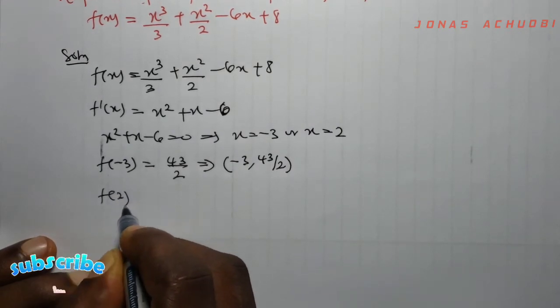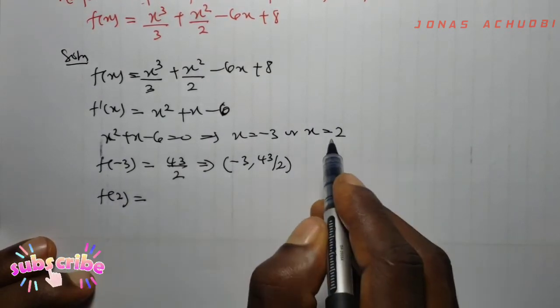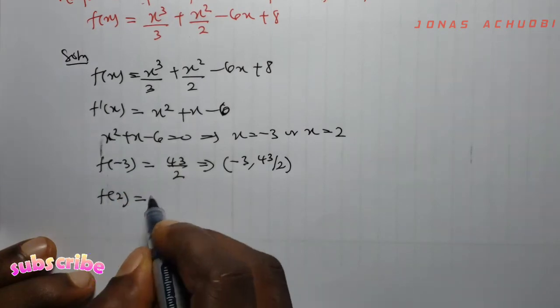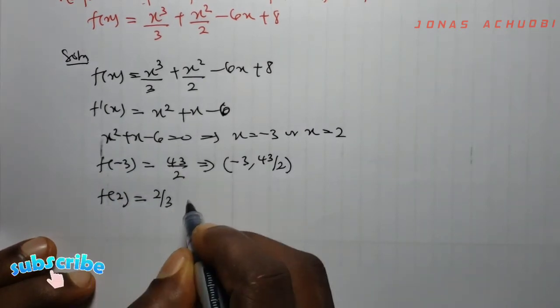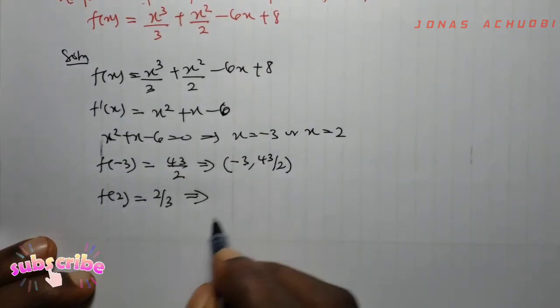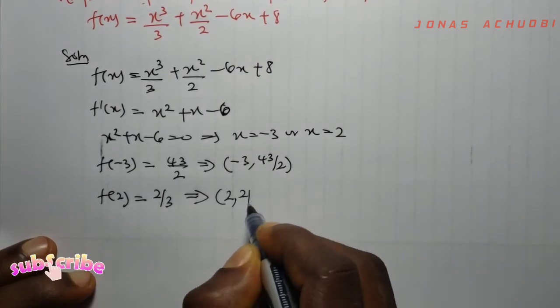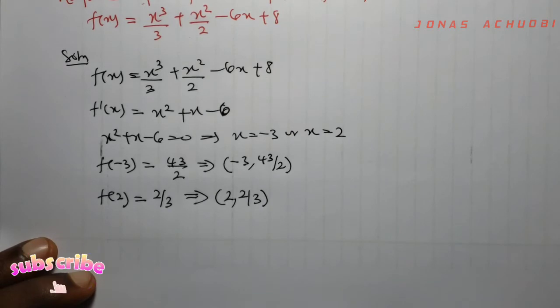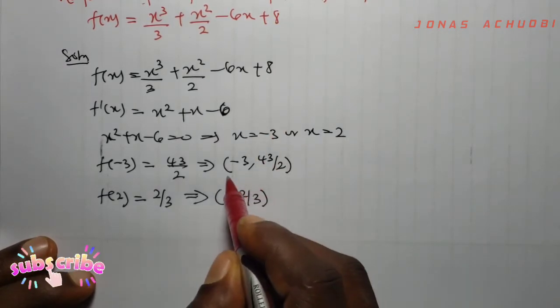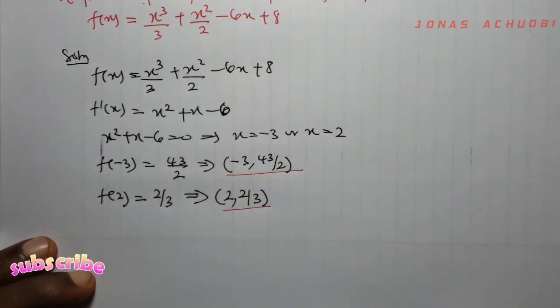So f of 2 gives us what? If we put 2 into the function f of x, we get 2 over 3. This implies that the critical point at this value is 2, 2 over 3. So we now have two critical points for this function. The first is this, and the second is this.